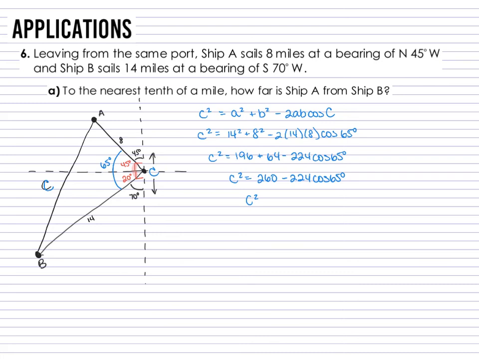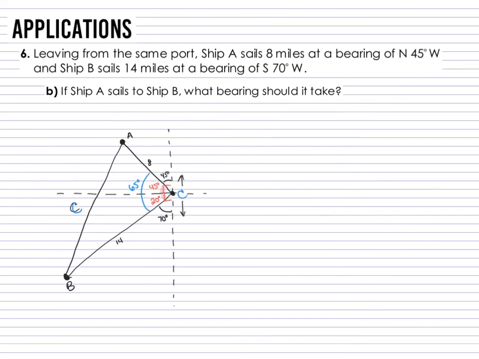Now I'm going to go through and actually put all of that in my calculator. C squared is equal to 165.33. And C is therefore equal to 12.9 miles. Don't forget those labels.